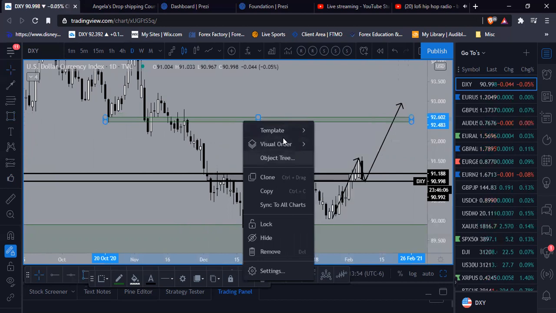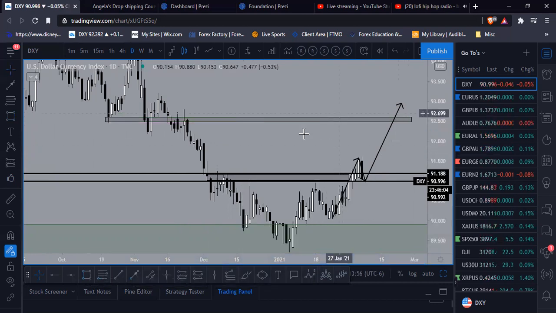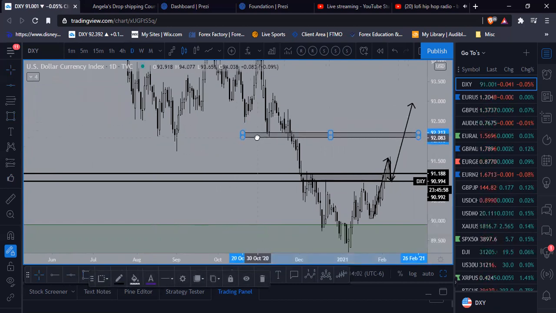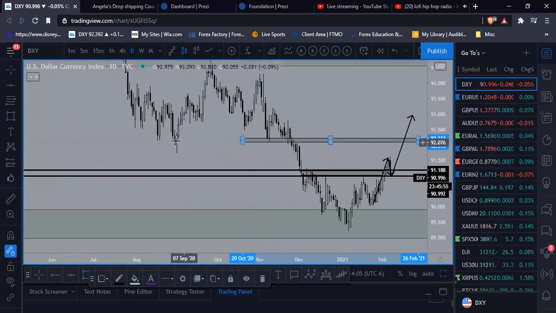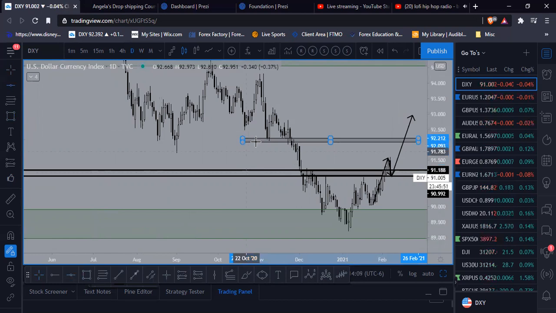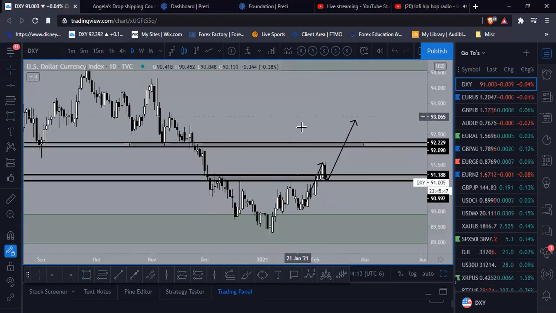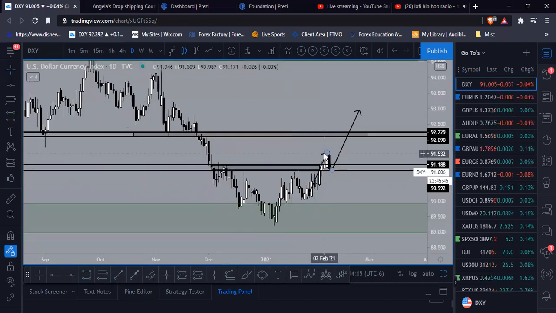I'm going to make this a regular box here. Actually, no, I was right, down here looks way better. This is why zooming out is sometimes needed, because then you get to see the other parts of the chart. Right here looks so perfect for price to push up.